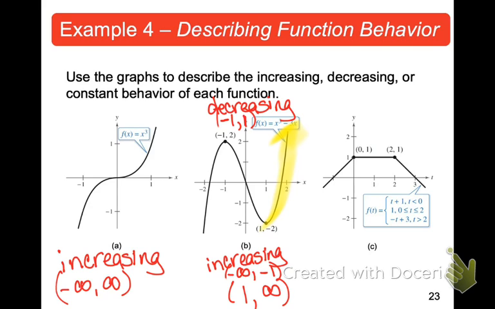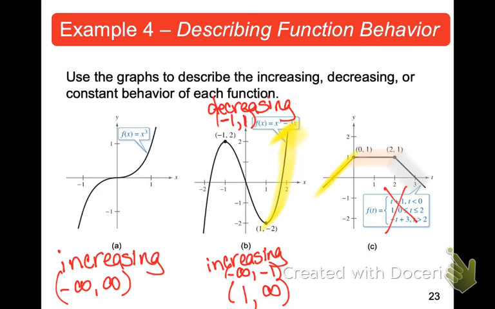I want you guys to try this one right here. Try my last one. Don't worry about what it says. This is a piecewise function. Don't worry about what the function actually is. I want you to tell me the intervals. So what's happening here and what is the interval? What's happening here and what is the interval?